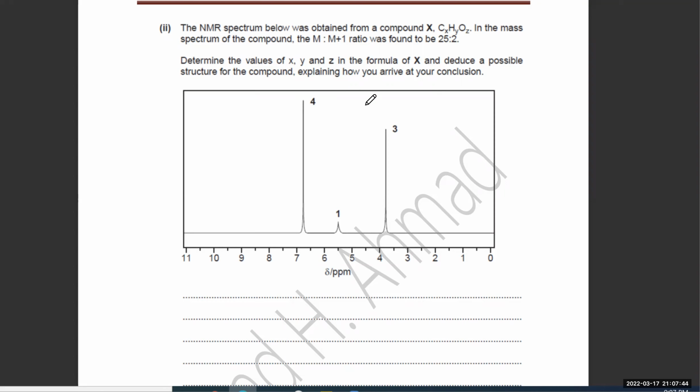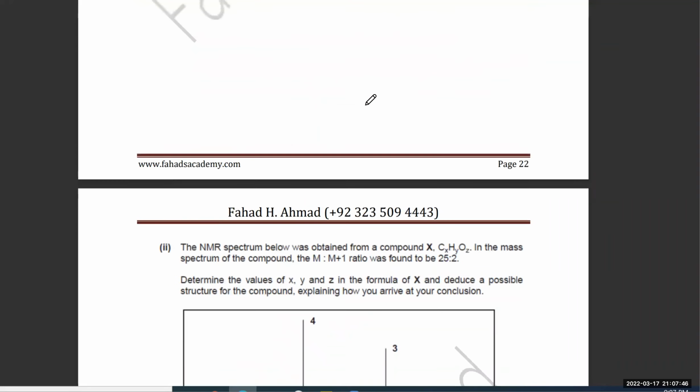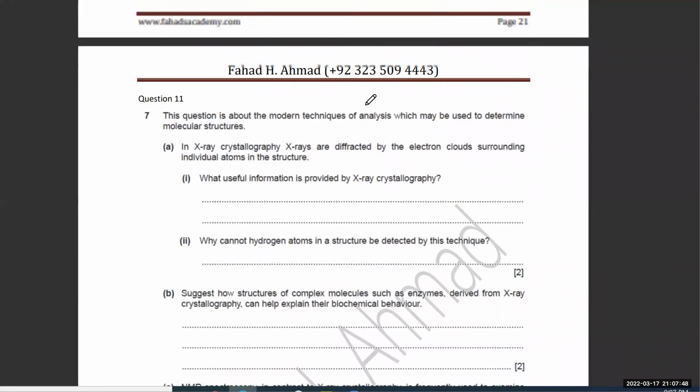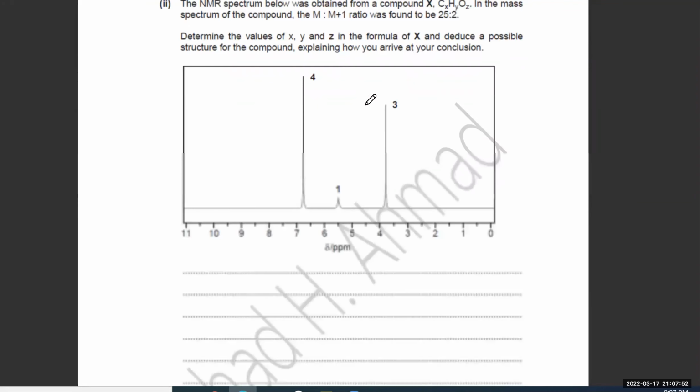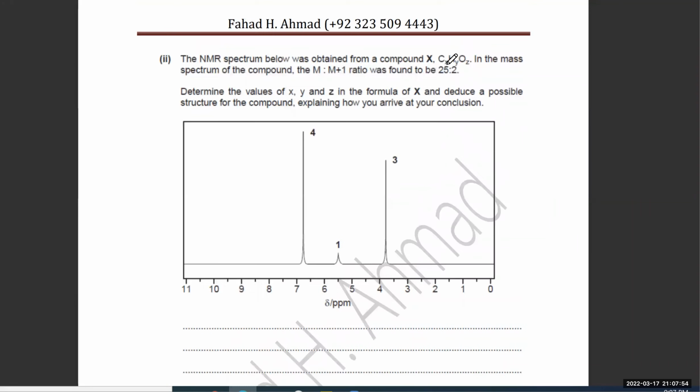And I think they didn't tell us the oxygens as well. Oxygen is given as Z, so you would have to deduce the oxygens yourself. So I'm sending this in the group, and you can have a go at this one.